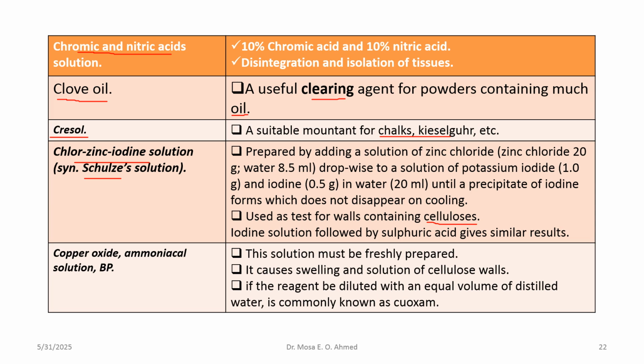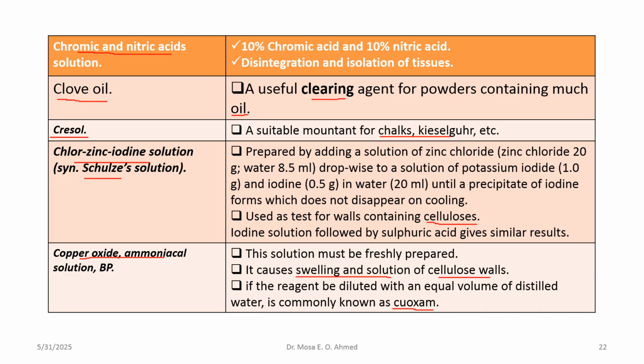Also, the peroxide ammoniac solution, known as Cuoxam. Its importance is it causes swelling and formation of solution لcellulose wall. تعمل لها swelling وcan form solution أو بنسميها dissolving, can be used for visualizing أو examining the cell wall cellulose, and بنسميه swelling بنسميه تضخم, can be observed clearly.